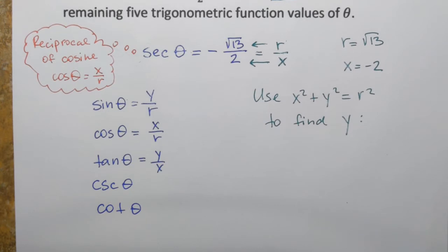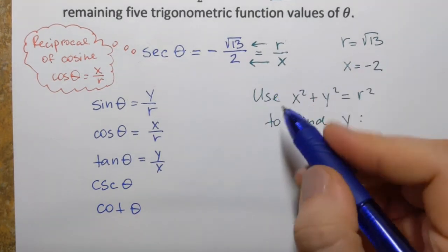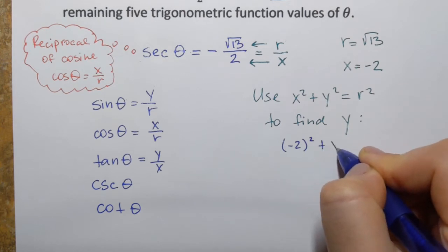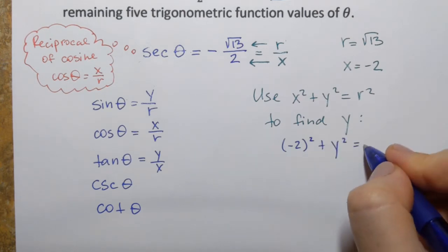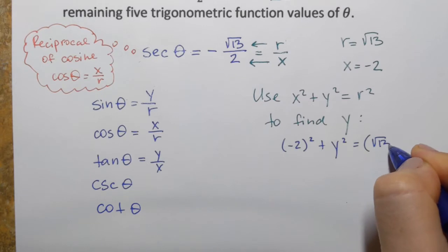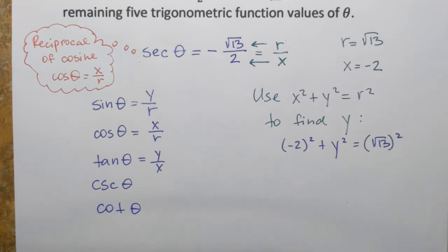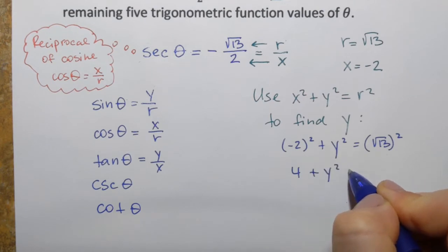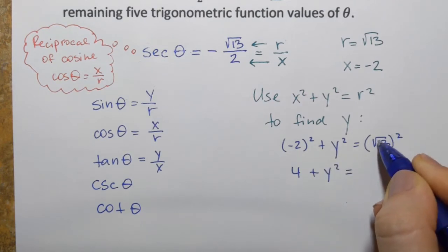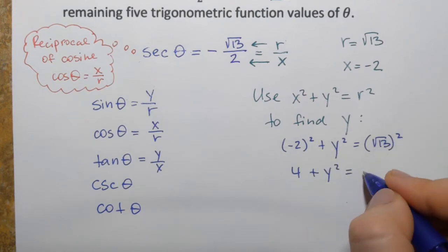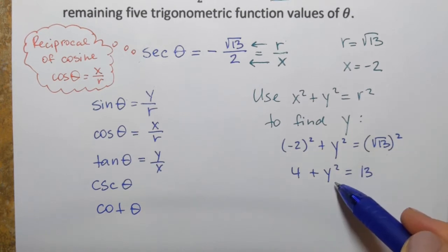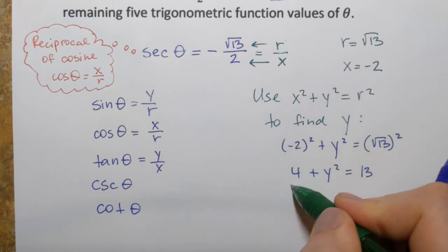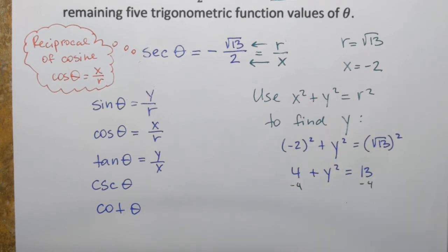Let's try it. So x we know is negative 2 squared plus y squared, y we don't know yet, and then r is square root of 13 squared, like that. Okay, negative 2 squared is 4 plus y squared equals square of a square root. They cancel each other out, so it's just 13. Now I want to have y by itself, so I'll subtract 4 from the left side and from the right side.